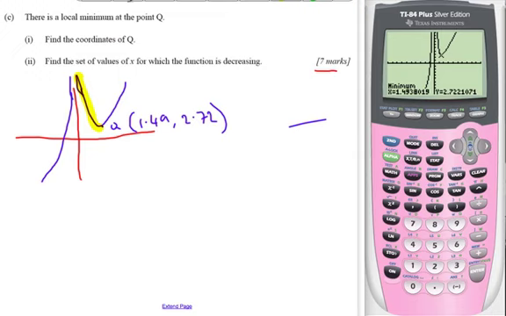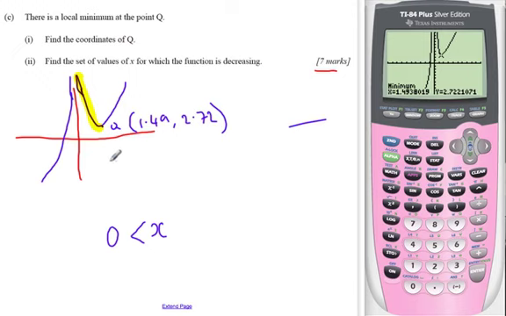The way to describe those values of x is with an inequality. So we need to say that x is bigger than 0, remember that asymptote was 0. It doesn't include 0 because the function doesn't work when x is 0.